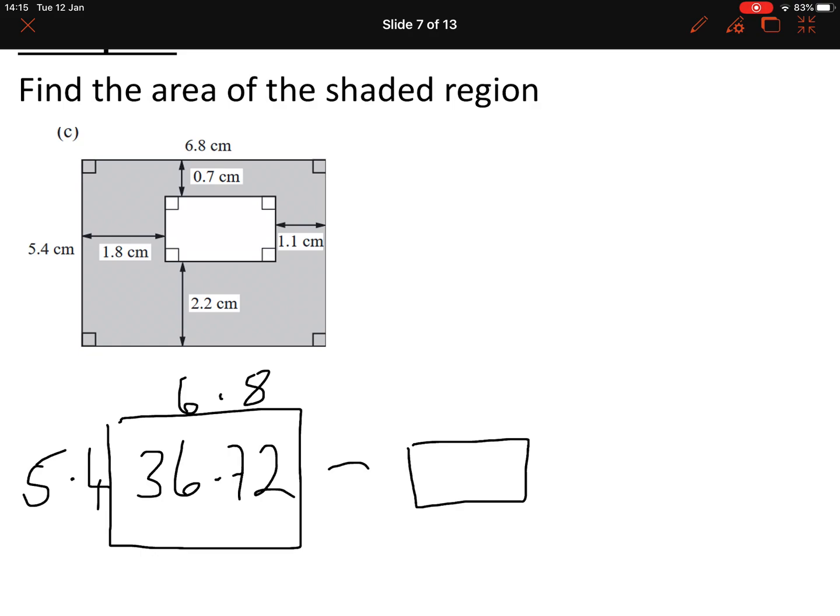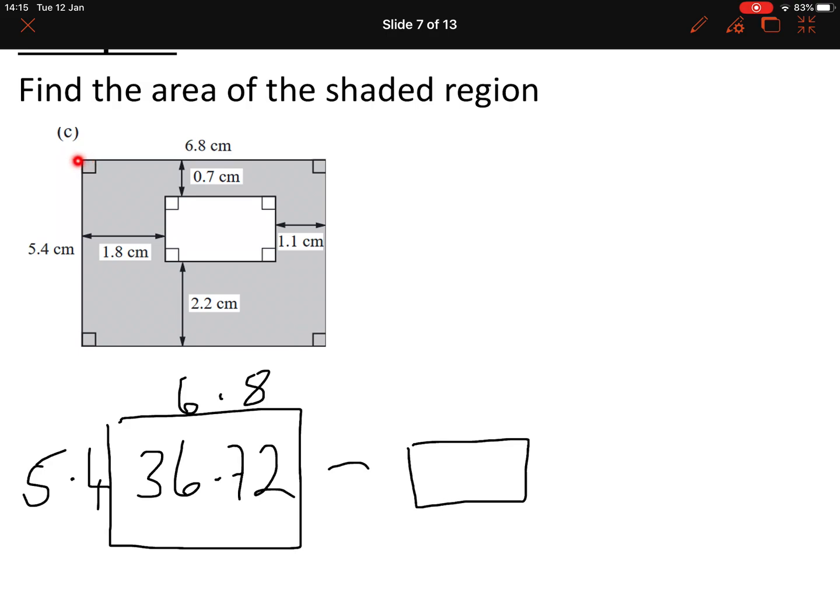Now, the problem is, if we subtract the little rectangle from it, we do not know what the length or the width is yet. So we need to look at the clues.